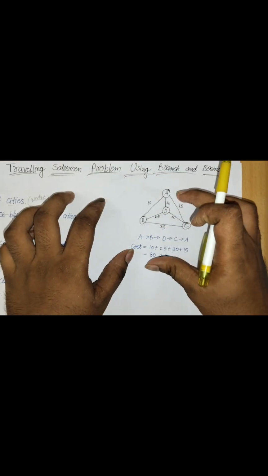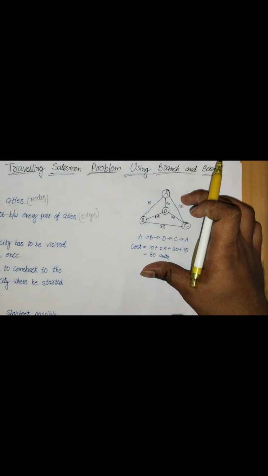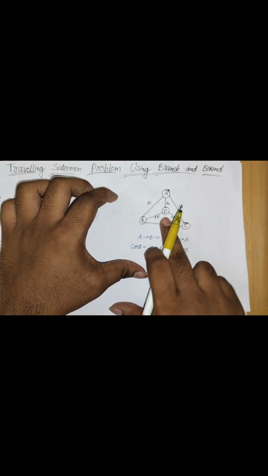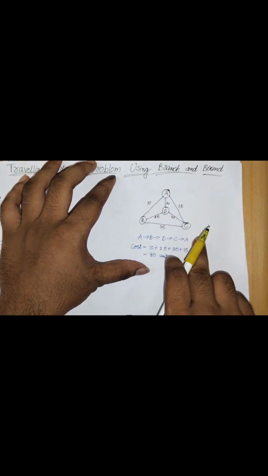Now let's see a simple example. Let's see the process and how to solve this in the next example. See, there are four cities given, A, B, C, D, four nodes, and these edges mean the distance between every city.